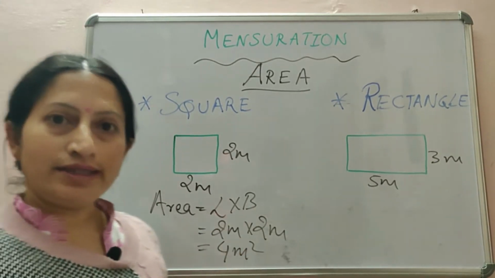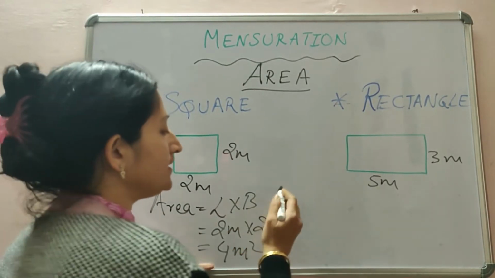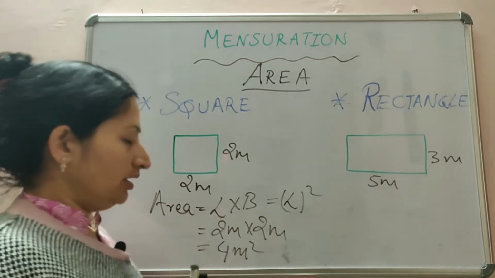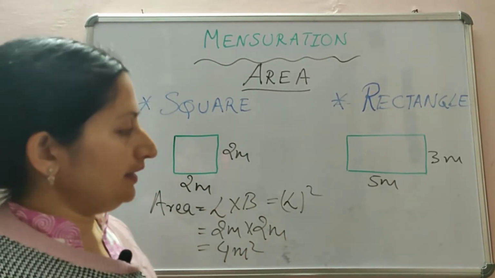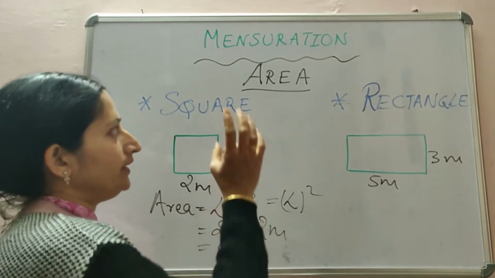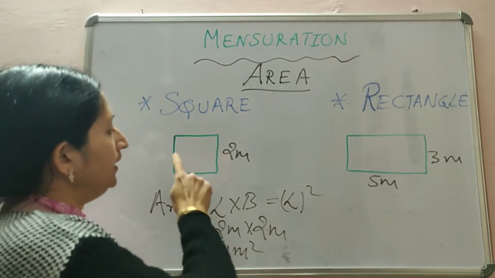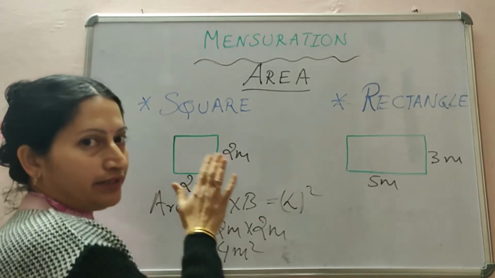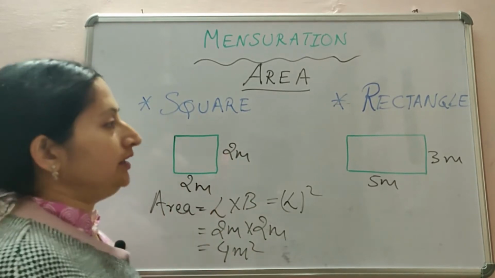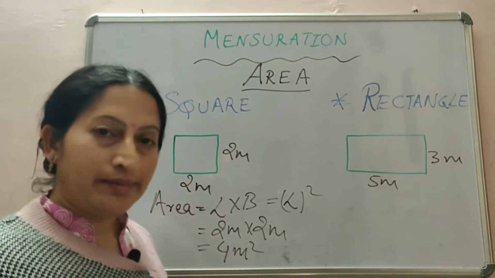Now instead of writing length into breadth, we can directly write it as L square because breadth is the same as the length. So hopefully you have understood how to calculate the area of a square. Area is actually the region which the figure covers, taking 1 meter by 1 meter as the unit; here I have taken 2 meter by 2 meter.